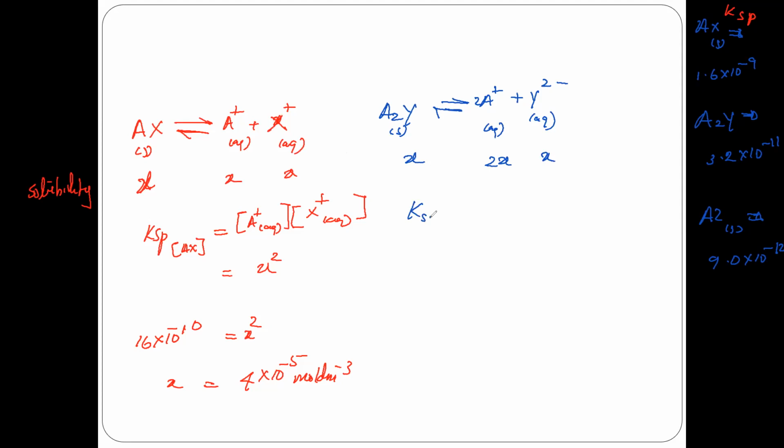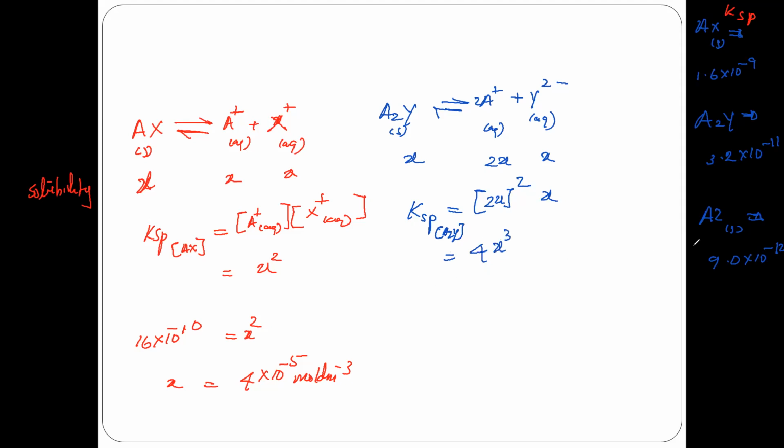So the Ksp of A2Y is 2x to the power of 2 into x, which is equal to 4x cubed.